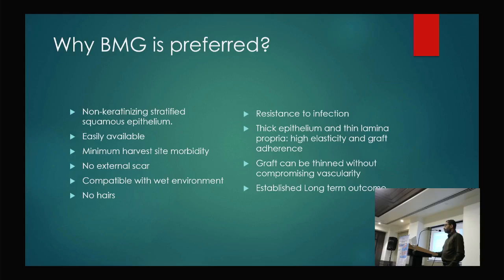So when we take it from the buccal to the urethral environment, it doesn't change its properties much. Also, it has a thick epithelium and a thin lamina propria, so we can trim that graft as thin as possible without hampering its vascularity. And there is now enough long-term data available to establish its outcome.